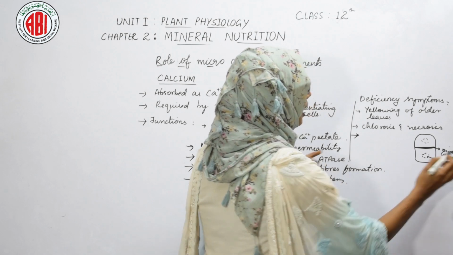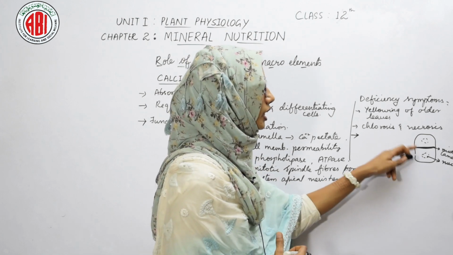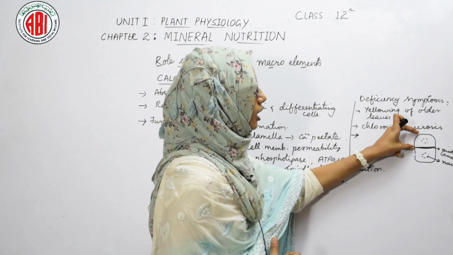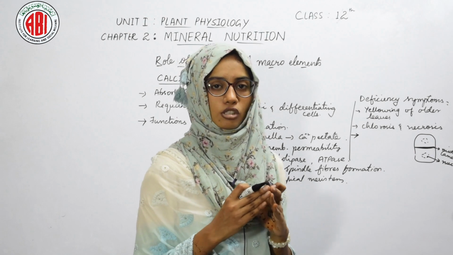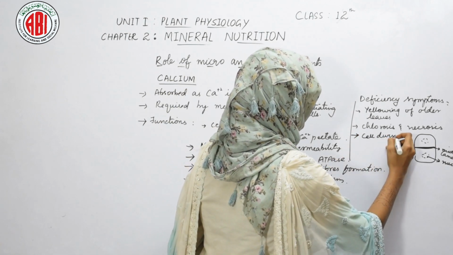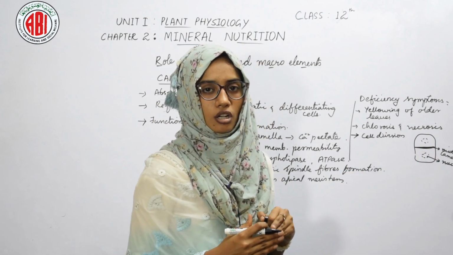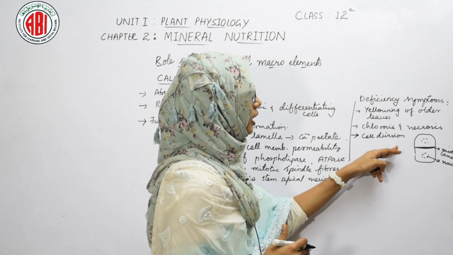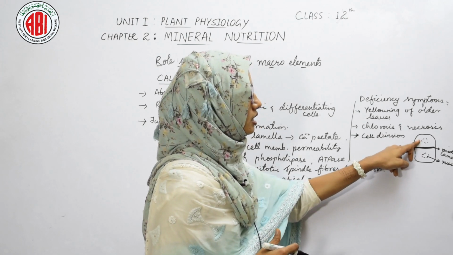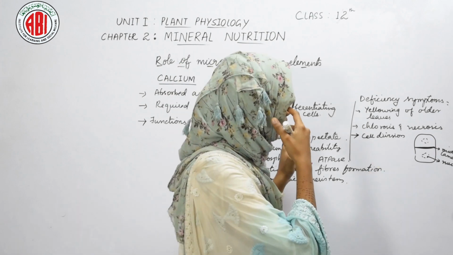If this middle lamella synthesis gets stopped or remains incomplete, then cell division will also get stopped or affected. In the condition where the middle lamella synthesis is not completed, cytokinesis stops but nuclear division will remain continuous.